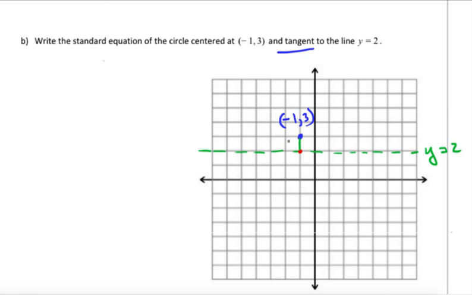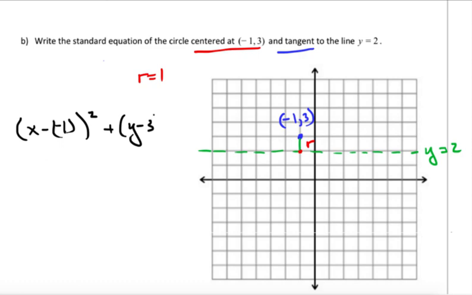And so our radius is this length here, which we can see is a distance of 1. So our radius is equal to 1, and our center is at negative 1, 3, so we can write our equation. x minus a negative 1 squared plus y minus 3 squared equals 1 squared.